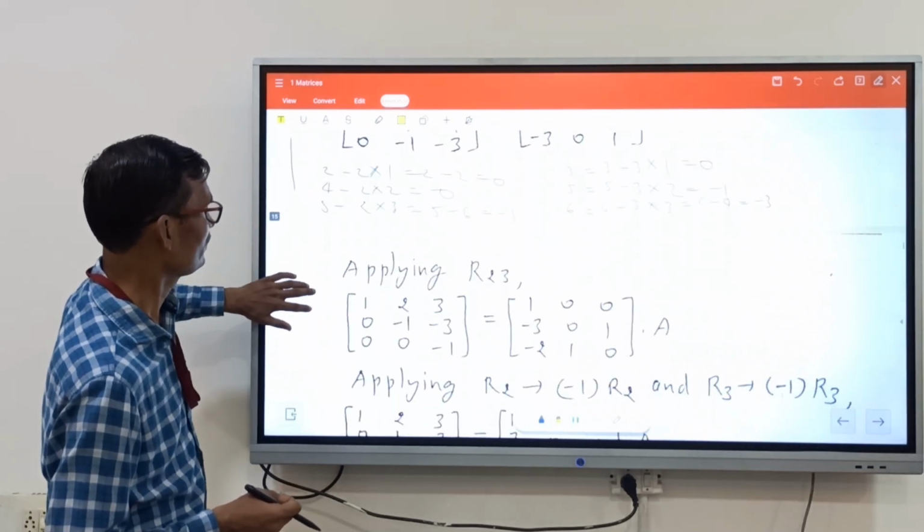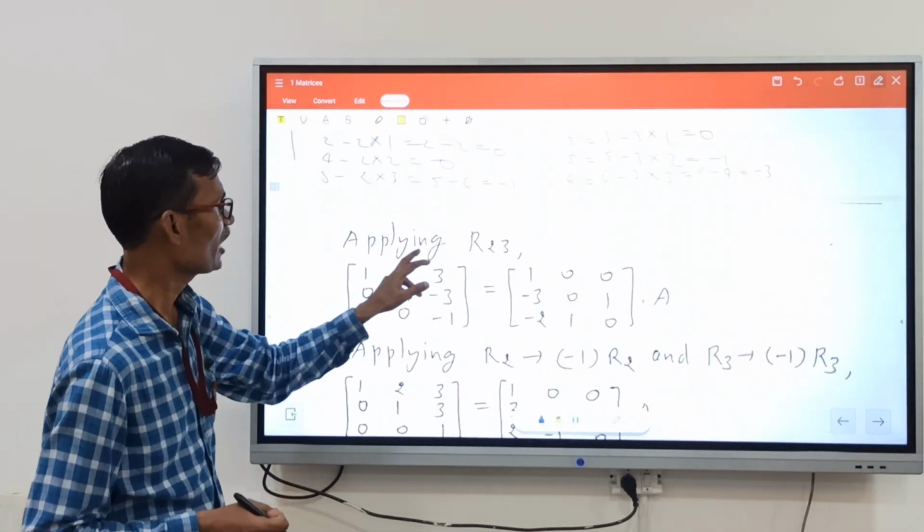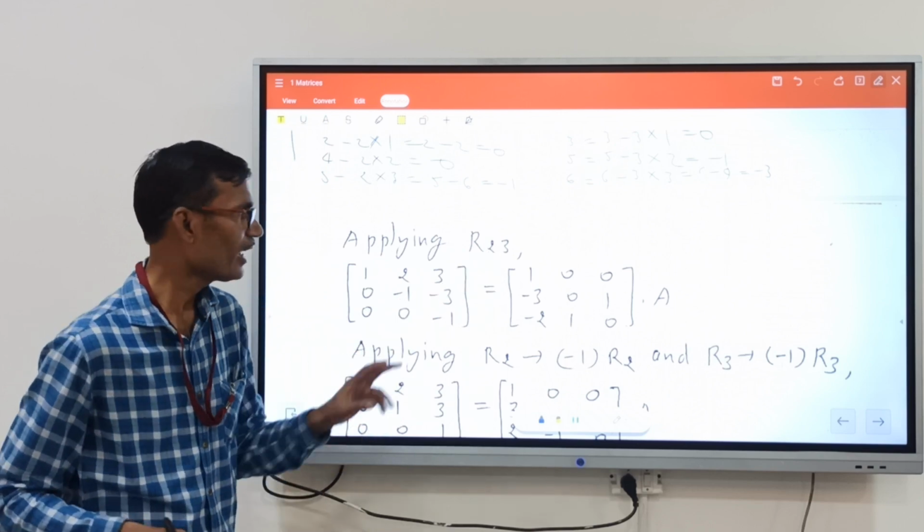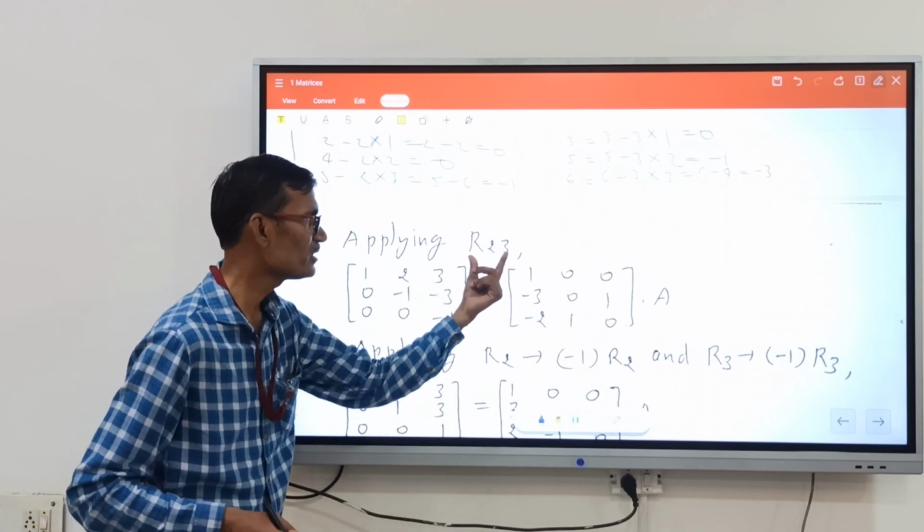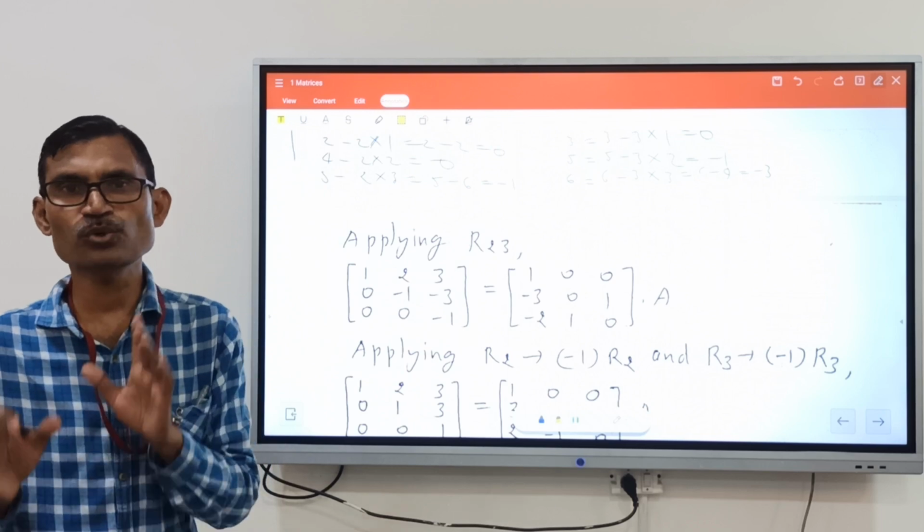See, what we are doing? Applying R23. R23 means that we are making the interchange between the second row and third row.